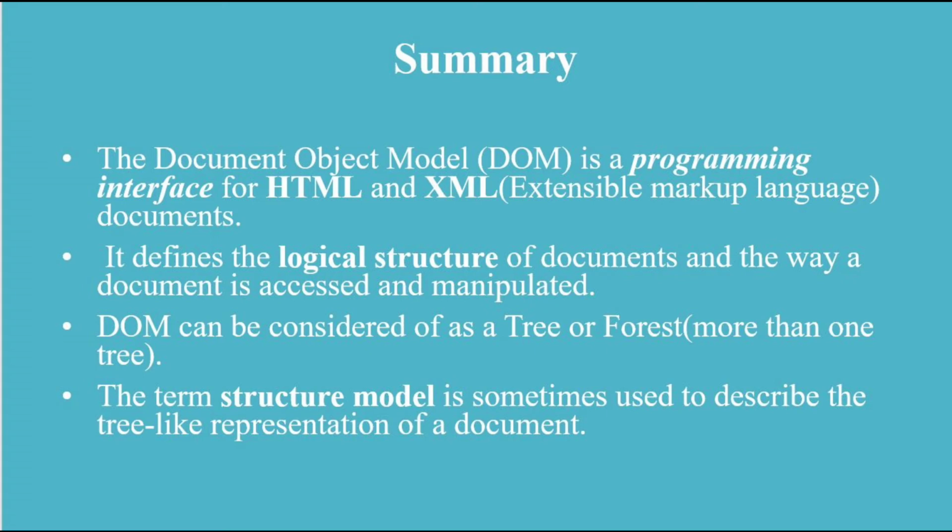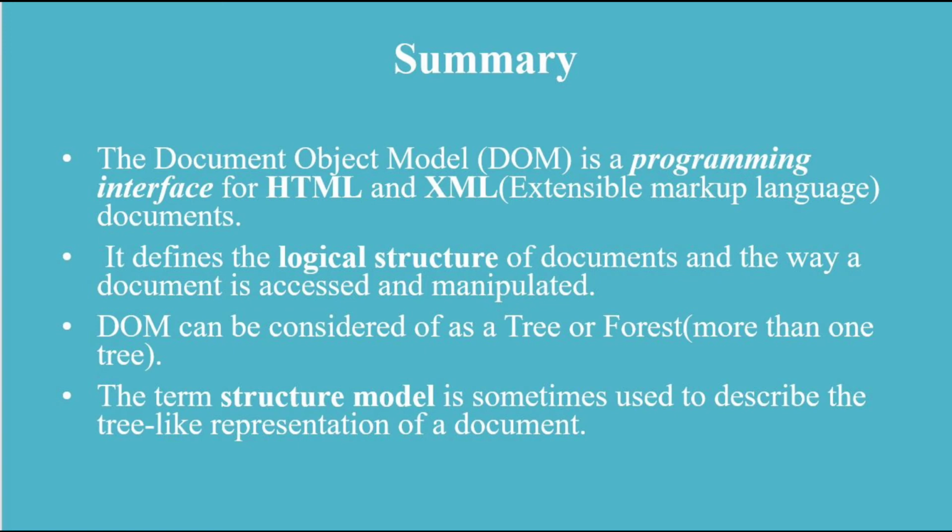Then you can directly interact with the label tag or label object, and by using some JavaScript code you can manipulate that value. So this is the best part of DOM, that we can manipulate any object or any node value instantly, reflecting it on the front end.